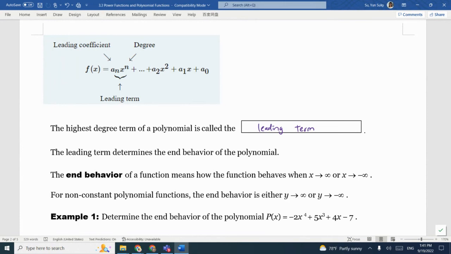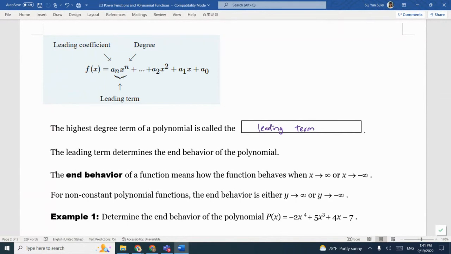You see 10,000 compared to 10. This is much bigger than this. So that's why the highest power term dominates the behavior. It's like, if you get a million, do you care about a penny? Not that much, right? So the highest power term dominates. As x gets bigger and bigger, the highest power term gets a lot bigger. So that's the dominant term.